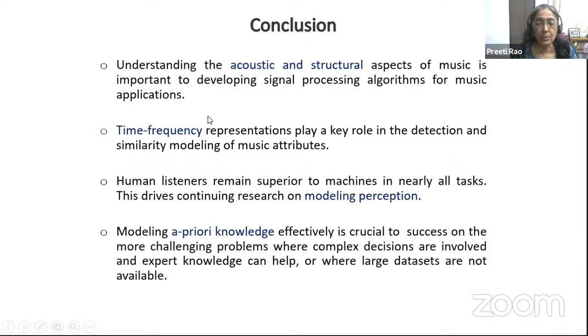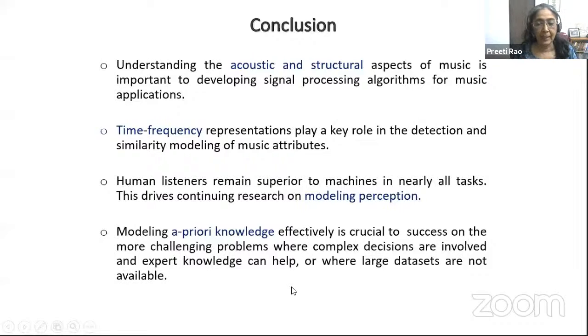So understanding the acoustic and structural aspects actually helped us come up with the representation. The representation involved both time and frequency, and we linked it to the high-level attributes of the music. Of course, we know human listeners still remain superior to machines, and that's what really drives research on modeling perception, as well as a priori knowledge about the music itself.